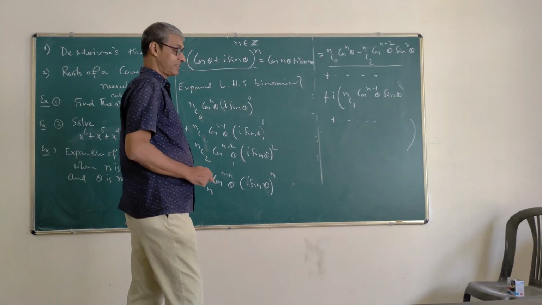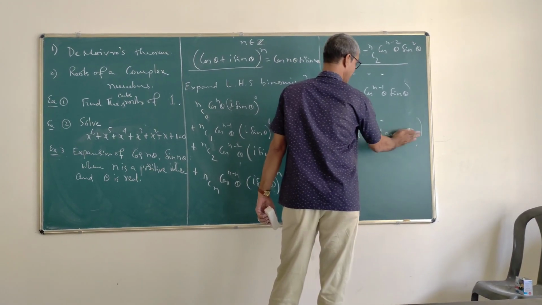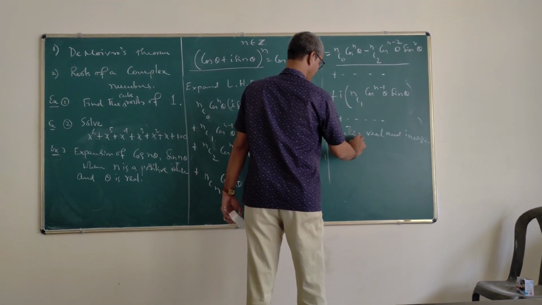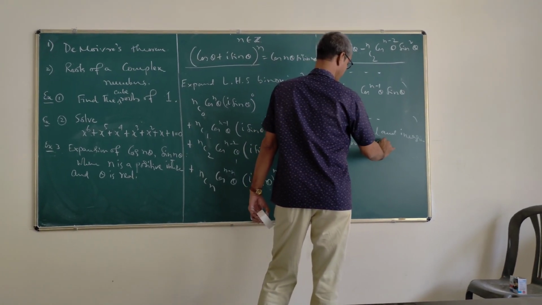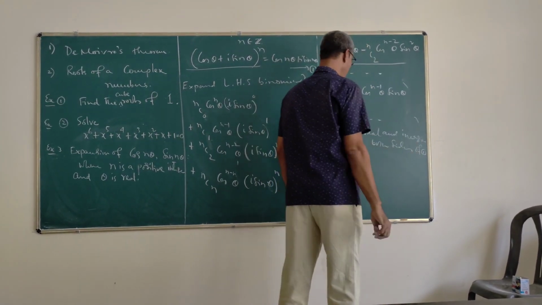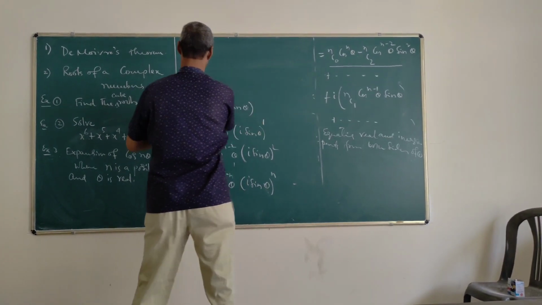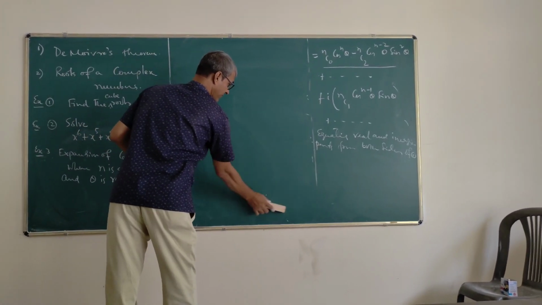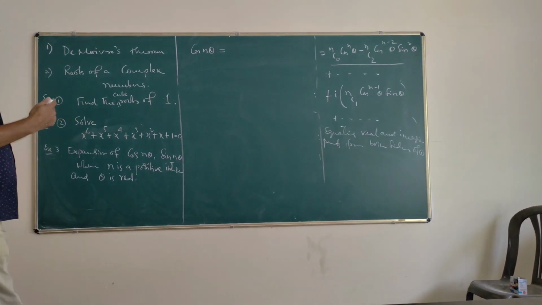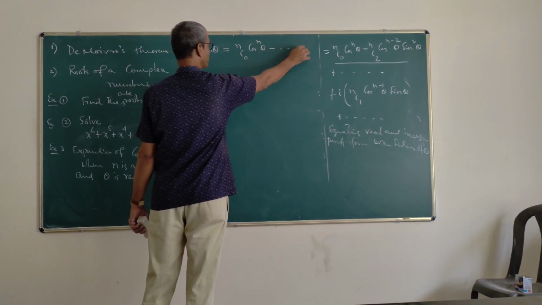So equating the real and imaginary parts from both sides, you will get the result. cos n theta is the real part, so it will be nC0 cos^n theta minus and so on.